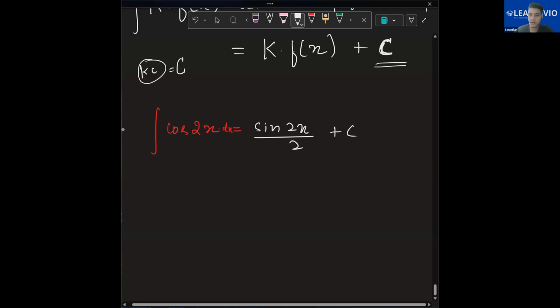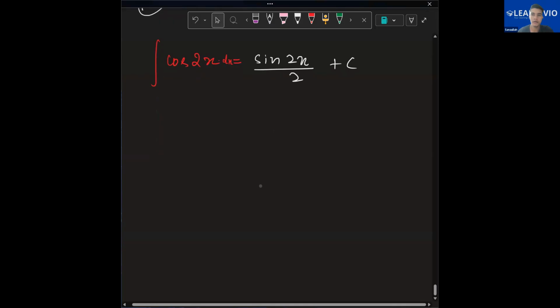Okay, so this is sin 2x upon 2 plus c, right?